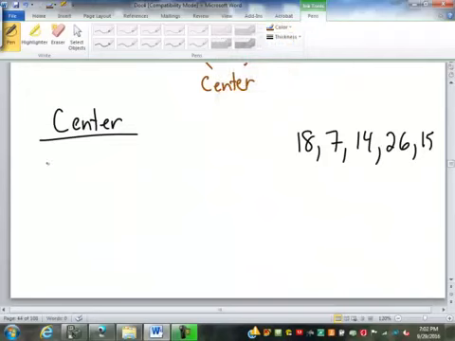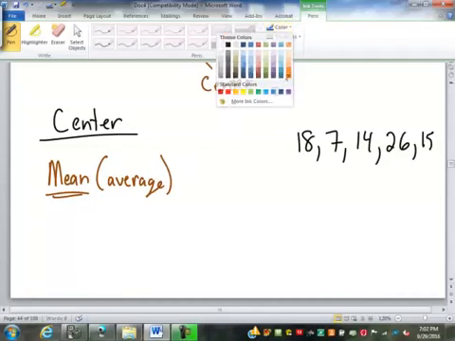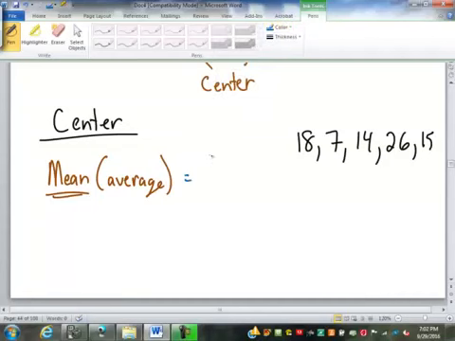One of my measures of center is the mean. The mean is what we've always known as the average. So notice the mean is found by taking, you add up the numbers. That little symbol that looks like kind of a funny shaped E is called the sum symbol. X represents each value. You add up the values and you divide by n. Remember, n is how many are in the set.